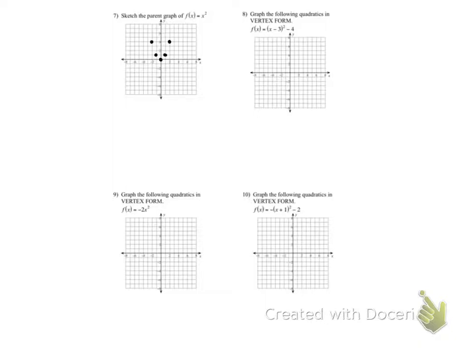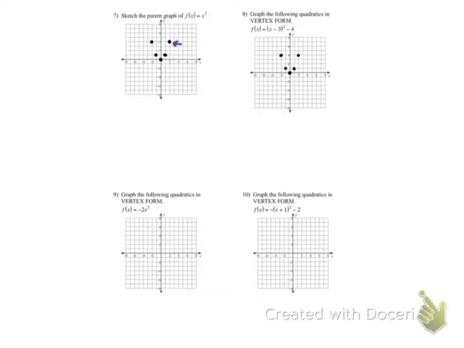So there's our parent function for f of x, and we're going to need to put that on all of these, because we're going to apply the multipliers and the shifts according to what equation is given to us. So for number 7, that's all we needed to do. That's our parent function there.